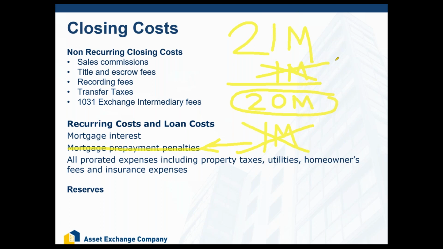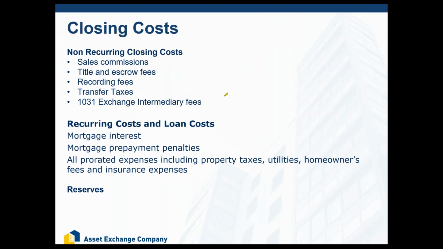In fact, if you use sale proceeds to pay this $1 million prepayment penalty, that will be considered boot because it is not an acceptable closing cost that can be paid with tax-free dollars. My client was furious, but because I'm such a good exchange guy, I walked him through the process.